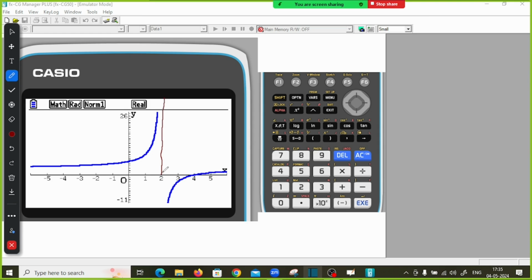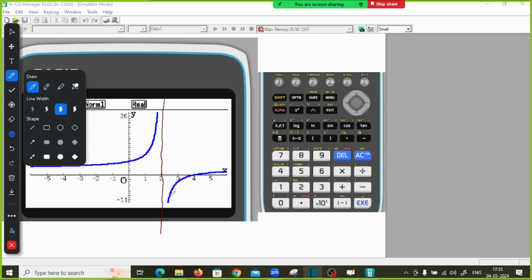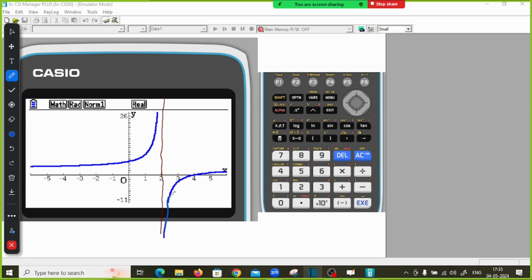So this line is parallel to our given curve. As you can see here, it will go like this, it will go like this, right? So the equation of the asymptote is x equals 2, right? It's a vertical asymptote.